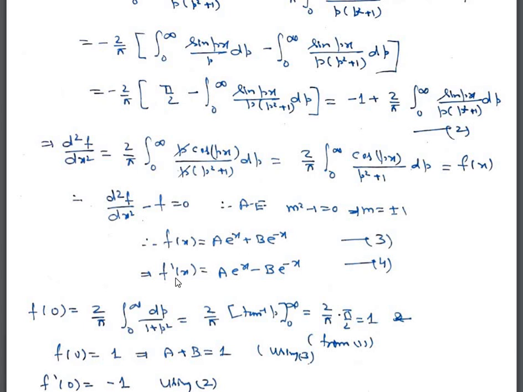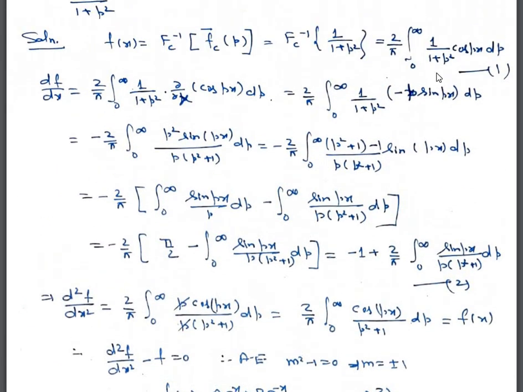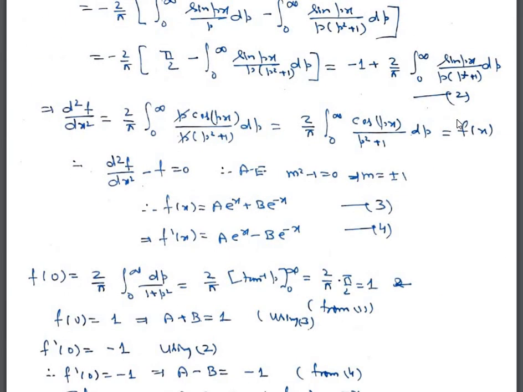For that we find f dash x, which is a e to the power x minus b e to the power minus x. Now if you put x is equal to 0, we get f at 0 is equal to 2 upon pi integral 0 to infinity dp upon 1 plus p square from equation number 1, because cos 0 is 1.